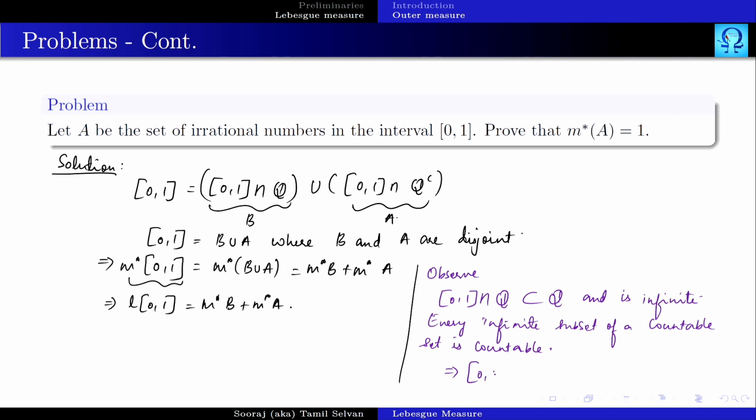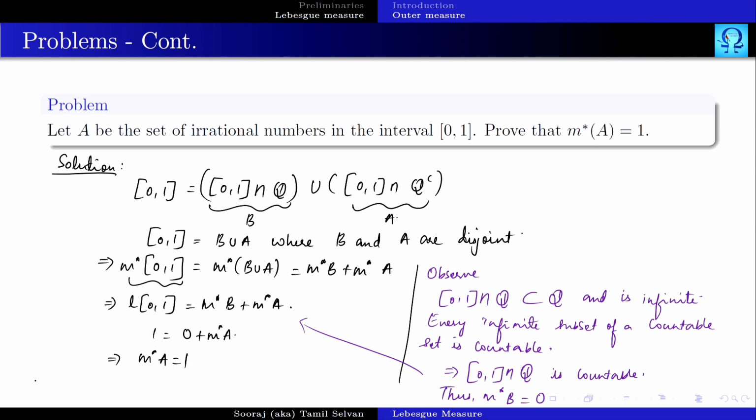Therefore, this set is countable. Therefore, m star of this, which is our B, is 0. So plugging this information in, we get 1 equals 0 plus m star of A. Therefore, m star of A is 1.